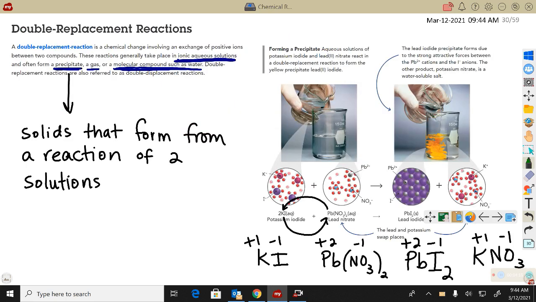Now, they never mention anything about the potassium chloride, but we did kind of mention at the beginning of this that typically when you have a double replacement, you'll have one product that is an ionic aqueous solution, and the other product is either a solid precipitate, a gas, or maybe something like water.